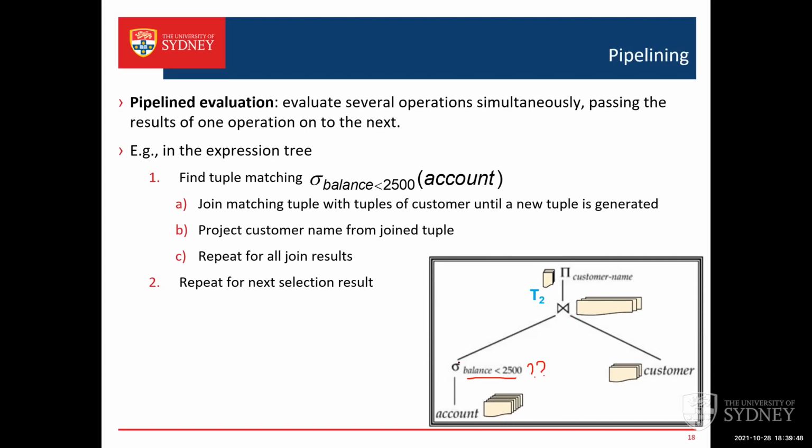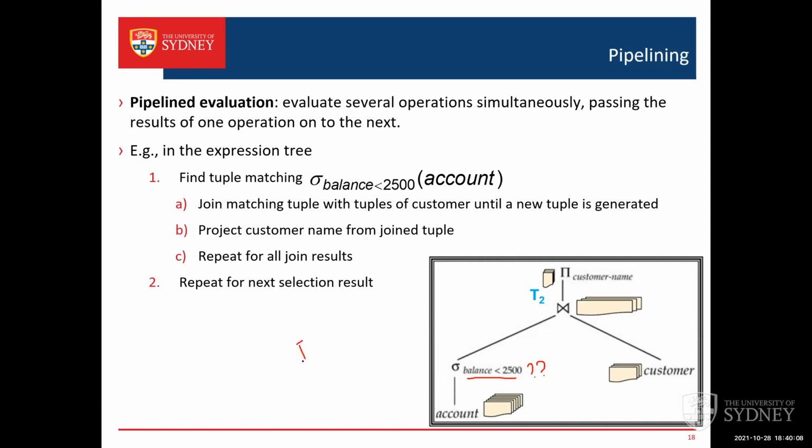So which one will be beneficial? Here we are performing a number of extra joins. Let's say I have 1,000 tuples, so I have to perform the join 1,000 times, compared to the IO cost that we have in here.